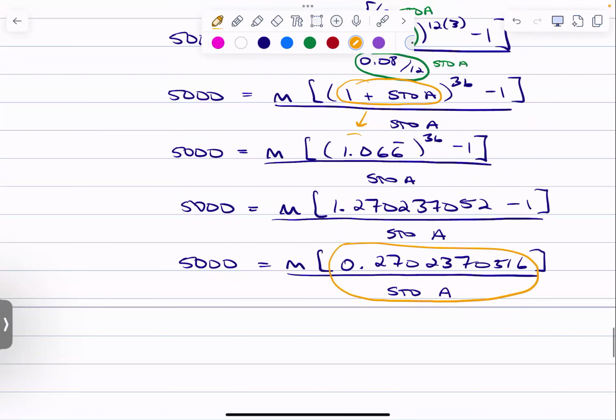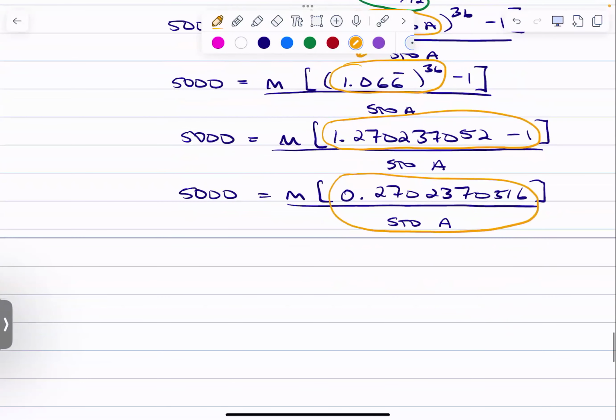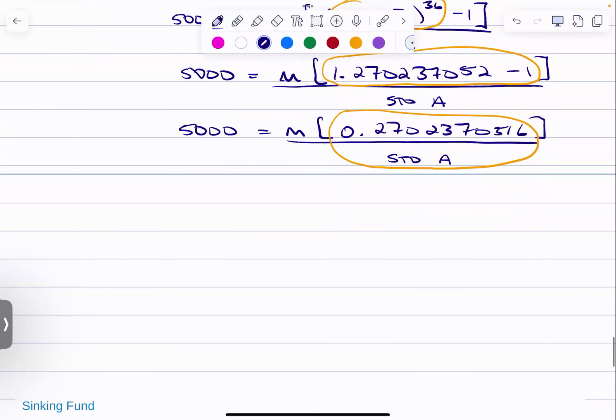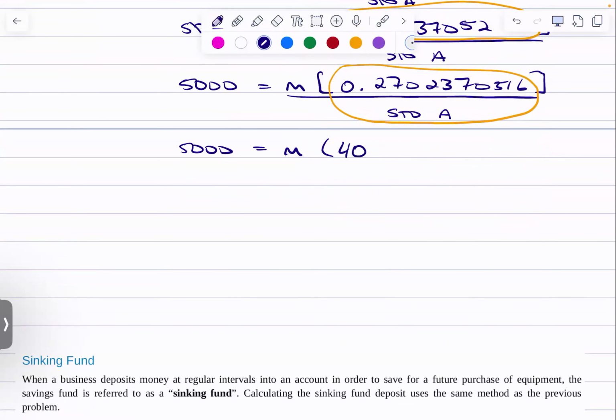Oh, and I guess I should keep circling what I did at each step. Okay. So now divided by recall A, 5,000 is M times 40.5355774. Keeps going.